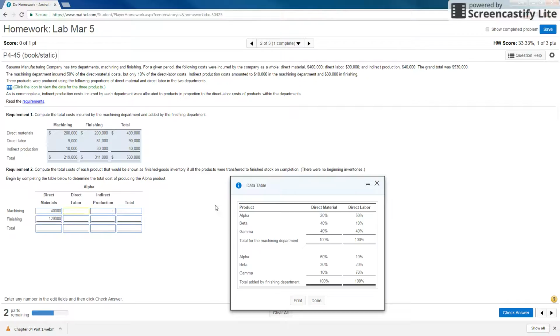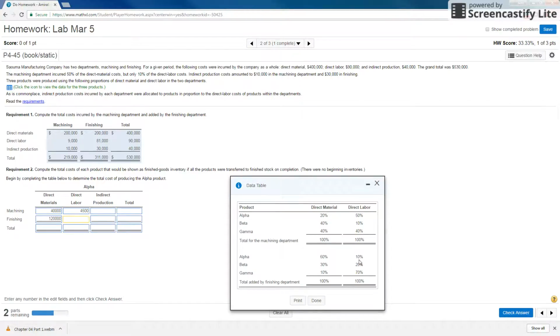As a direct labor, 50% of the cost of labor in the machining department is for the product alpha. So the machining department, the labor is 9,000. 50% of that is 4,500.